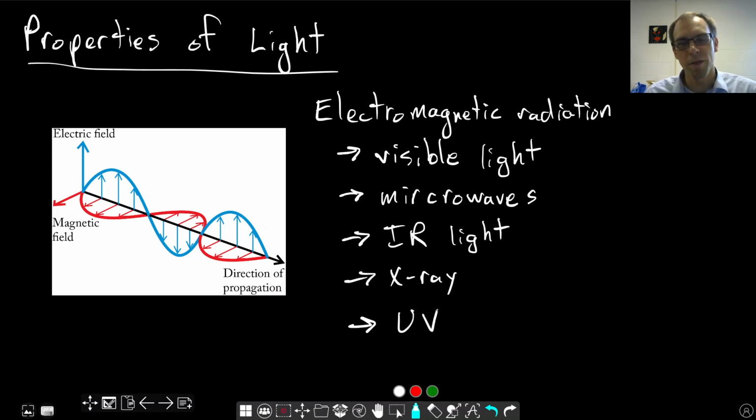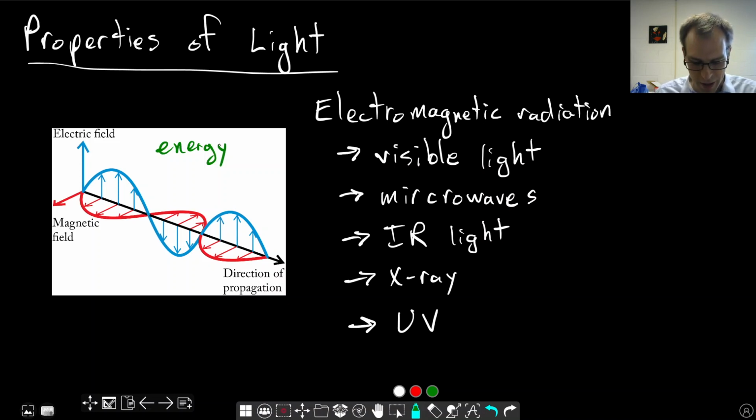But all of these are different types of the same thing. They're all what we call electromagnetic radiation. Now, electromagnetic radiation, it's a mouthful, we can think of it as energy that propagates in waves. So what do I mean by that?